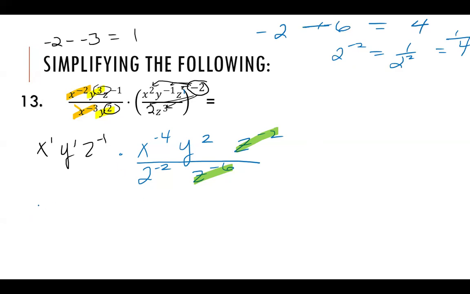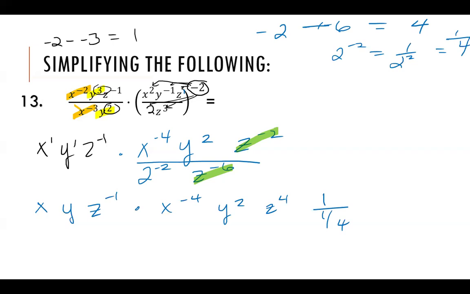All right, so here we go. So I'm down to x, y, z to the -1 times x to the -4, y to the 2, z to the 4, and I'm going to write it so you can still see it as 1 over 1/4. Which is why it's going to end up in the numerator anyway.